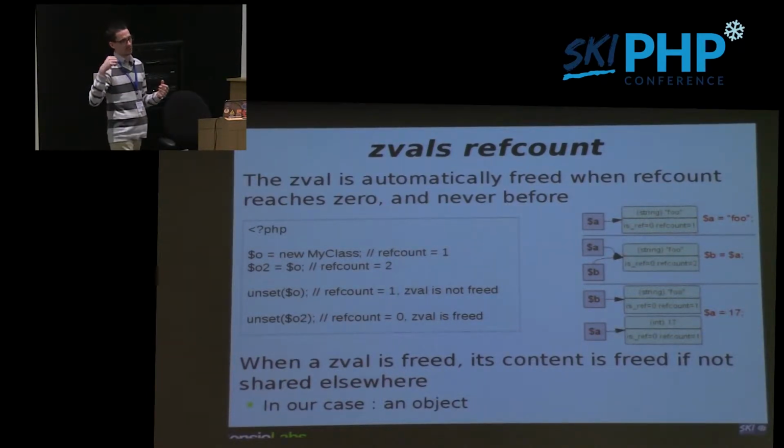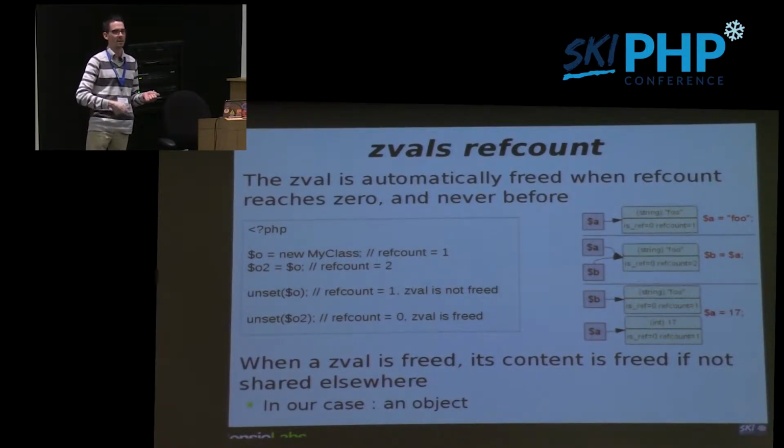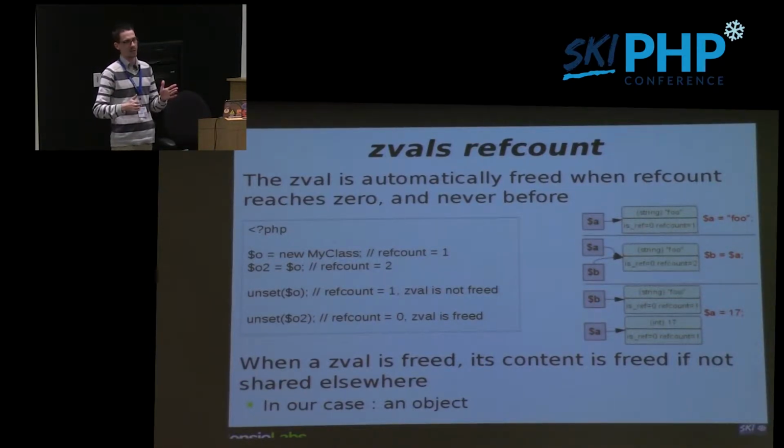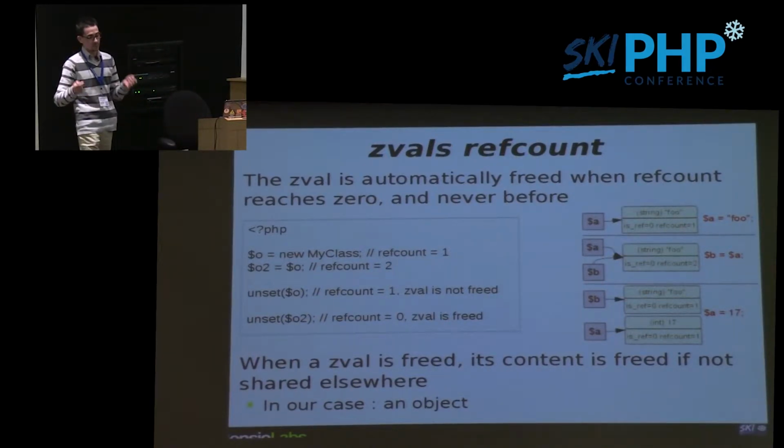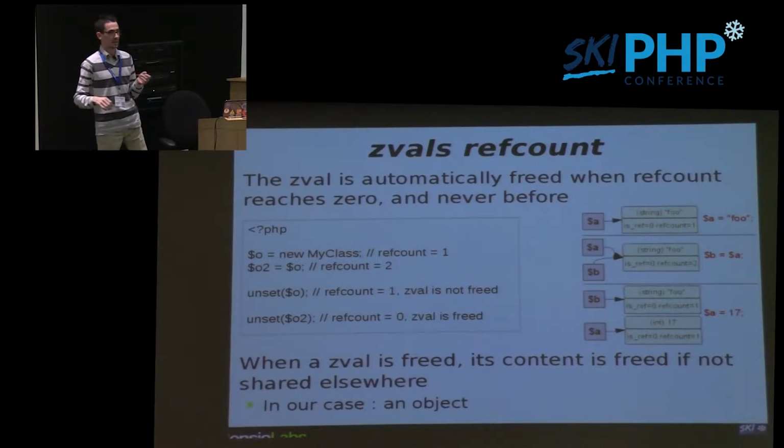So when you pass a variable to a function, the engine increments its ref count because the function is going to use the variable, and it decrements it when the function exits. Same with methods. And PHP does not free the variable memory, the zval memory, until the ref count reaches 0.